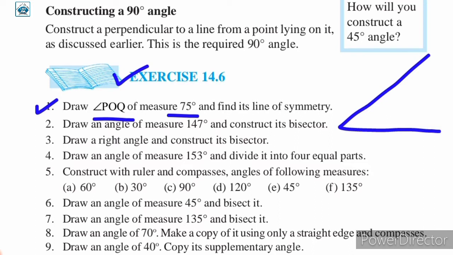Next, you need to find the line of symmetry of this angle. The line of symmetry of an angle is its bisector. So all you need to do is draw the angle bisector of this angle POQ and then you will find its line of symmetry. First of all, let us construct an angle of 75 degree.